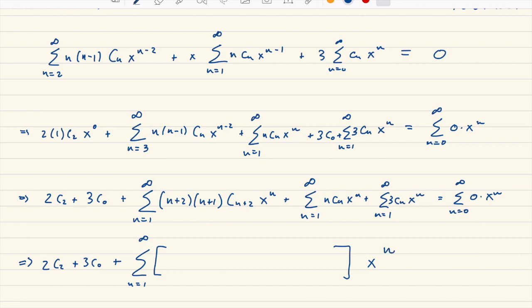So we're going to think about what are the terms that we have in front of our x to the n. So we have n plus 2 times n plus 1, c sub n plus 2, plus the other terms are going to be n c sub n plus 3 c sub n. All of that times x to the n, and on the right side that's going to be equal to 0 x to the n. So it goes from 0 to infinity.